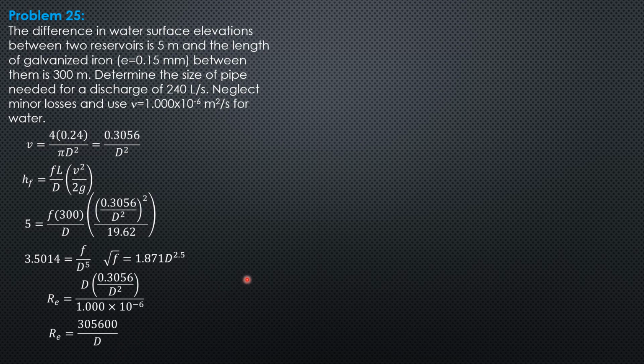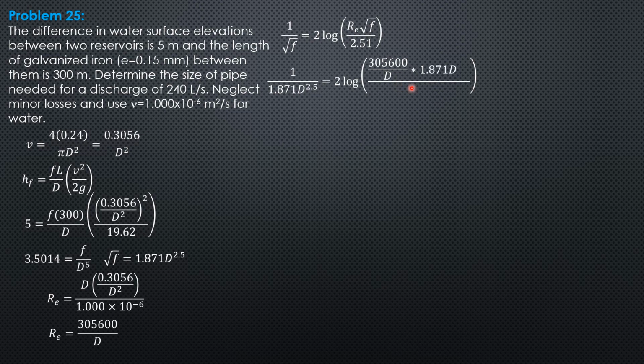Then let's assume smooth pipe. 1 over square root of f equals 2 log of Re square root of f over 2.51. So 1 over 1.871 d to the 2.5 equals 2 log of Reynolds number 305,600 over d times 1.871 d to the 2.5, that's square root of f, over 2.51.